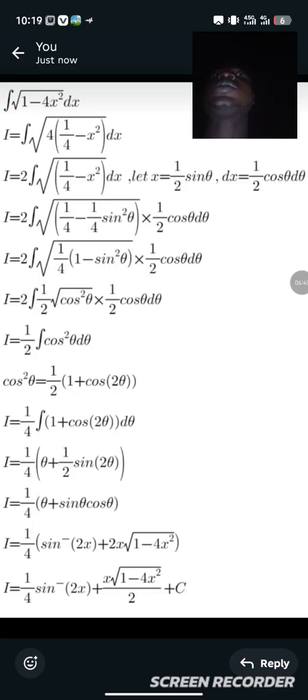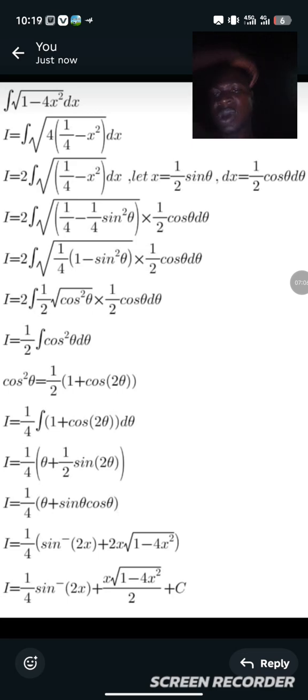Then we can come to the conclusion that cosine theta is the same thing as adjacent over hypotenuse. So our cosine theta will be the same thing as square root of 1 minus 4x squared over 1, which is still the square root of 1 minus 4x squared.